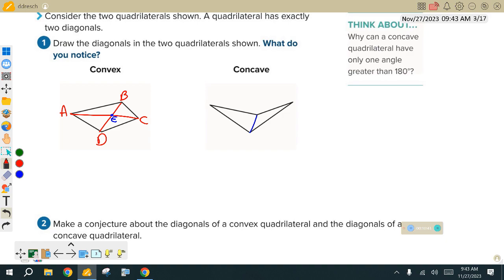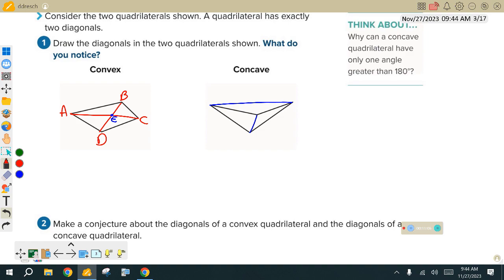Where's the second diagonal at? What's that? Above it. It's a weird one. It's not an obvious one. It's going to connect the other two vertices, and to connect the other two vertices, it's outside of it, isn't it? The diagonal's there. It's just outside the polygon. And that's going to be the case for a concave. It's a little odd in this case.